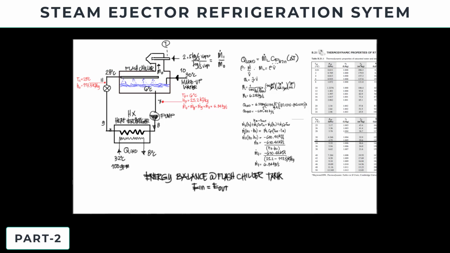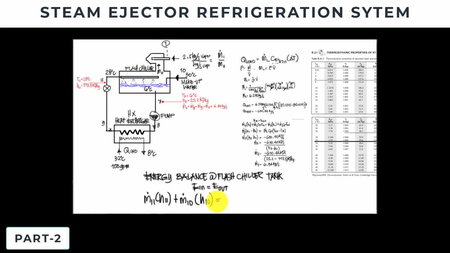Okay, so we have energy entering. So entering here we have the point 11, that will be the corresponding mass flow rate 11 times the enthalpy 11, and then plus the makeup water, so that will be the mass flow rate 10 times the enthalpy at point 10.